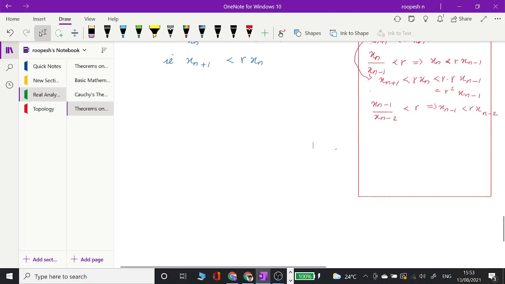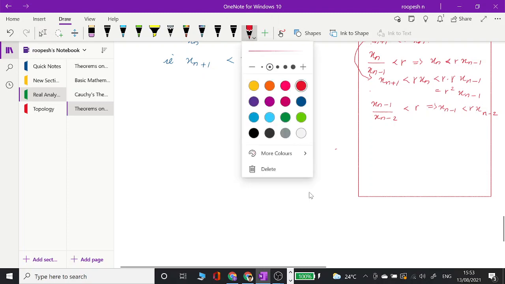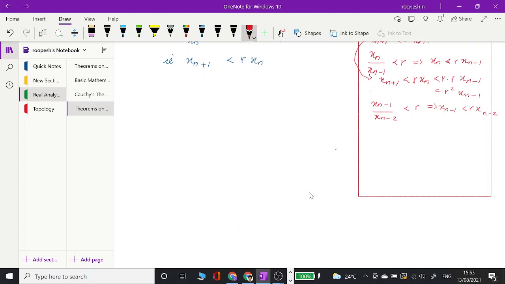Suppose I am using this again. From here I have R square into xn minus 1, and xn minus 1 is less than R into xn minus 2.